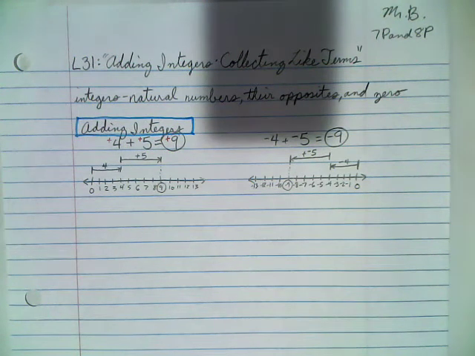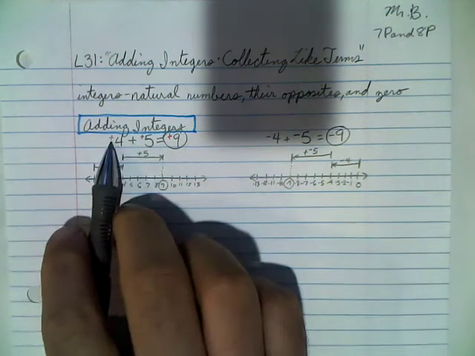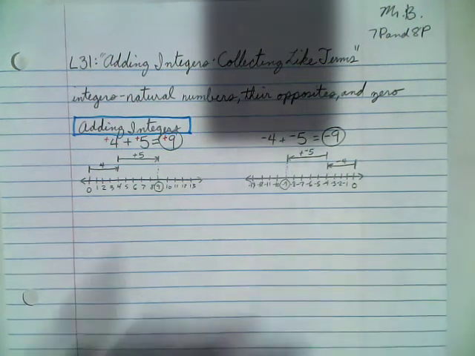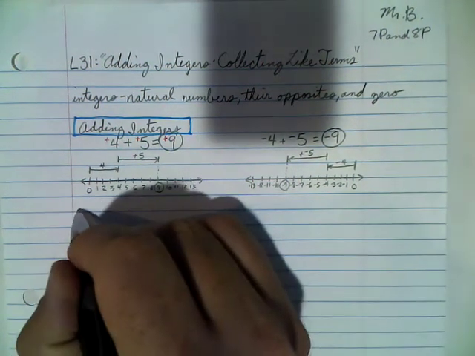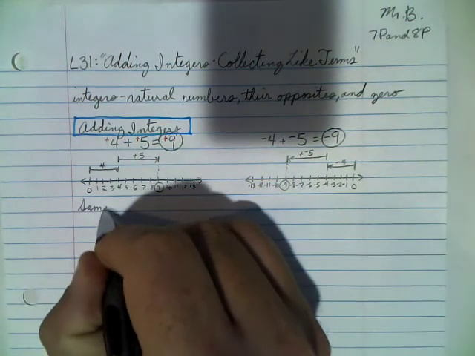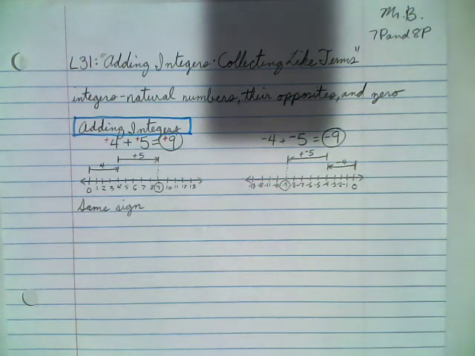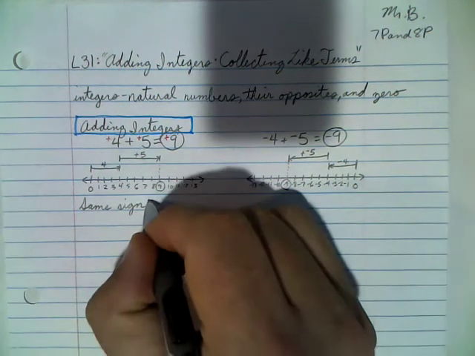So one thing to notice about both of these problems is here they're both positive to start. Here they're both negative to start. So in these problems, we would say that they have the same sign. So positive, negative, that's the sign of the number. So these have the same sign.